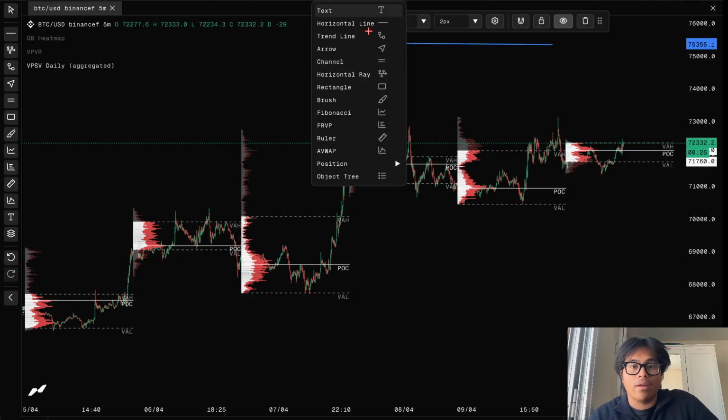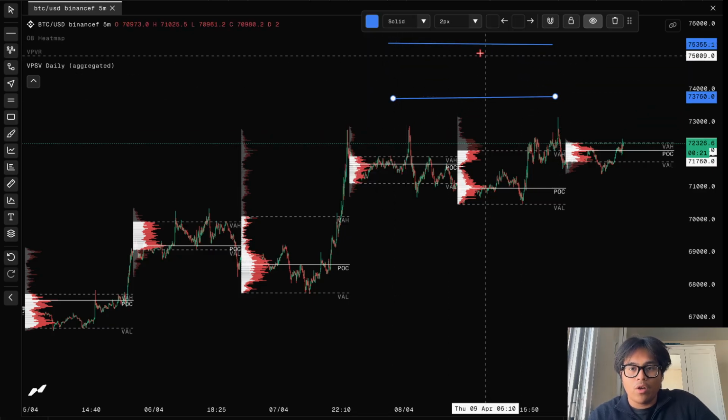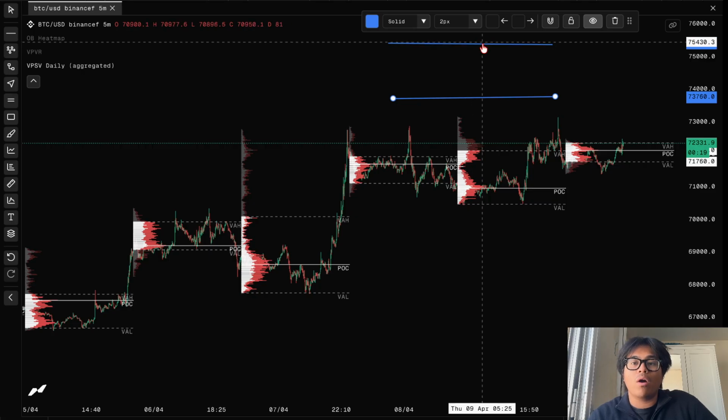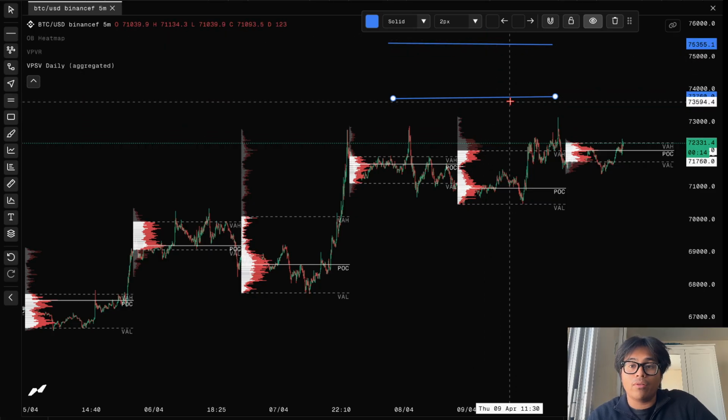It's the same thing. If you end up taking all this, it means you're saying, okay, what do you want to trade? Would you rather trade premium and then look for a rejection and aim for the discount, aiming for a VAL inside of the range?